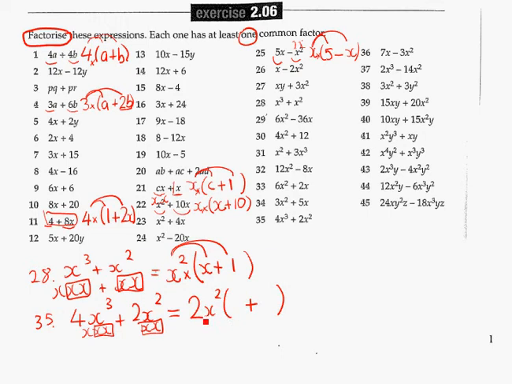So working backwards again, 2x squared times what will get me to that? Well, I'm going to need a 2. The two 2's will give me the 4. Now x squared, I need to multiply it by something else to get the x cubed term. Clearly I'm going to need an x there. And for the last term, to make sure I get 2x squared, well, I've already got 2x squared, that's all I want. So we just need a 1 to make sure. 1 times 2x squared will give me 2x squared.